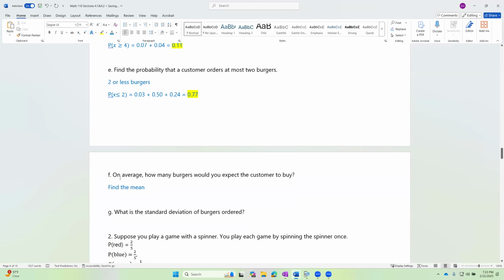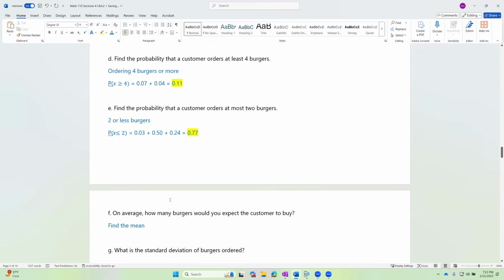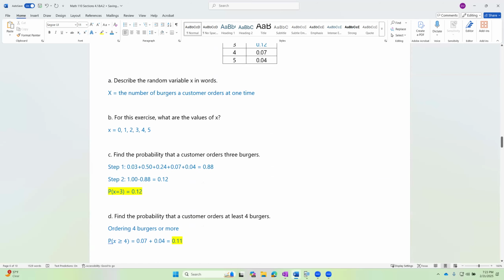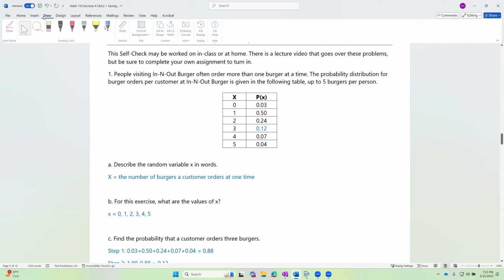So here's where we need to use our calculator. We need to put our X values into list one and our probabilities into list two and do our one-variable stats. So let's go ahead and jump to the calculator and figure that out.